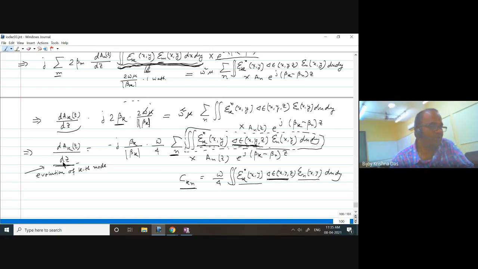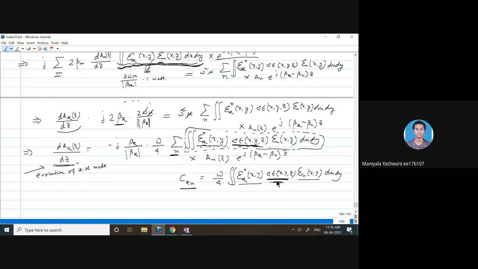That's why ckn may not be equal to 0, because of the presence of this perturbation term. Is that clear, or do you have some doubts? Clear, sir.